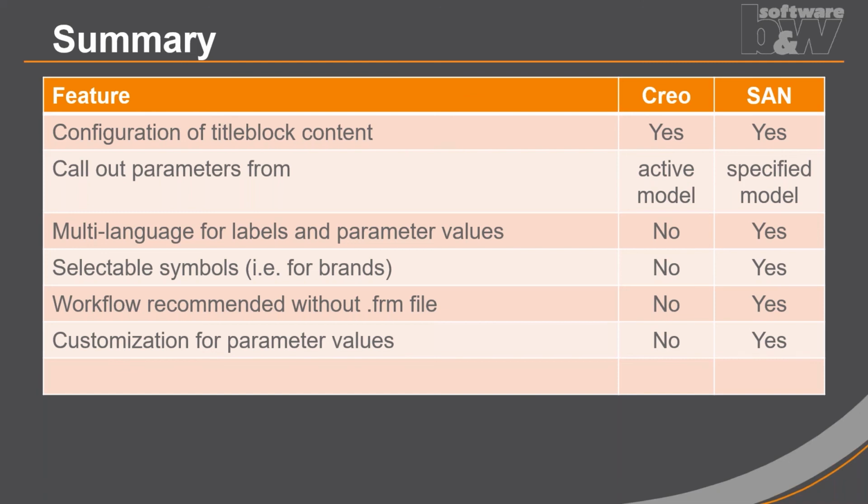Again, in Creo, you need to have another set of .frm files. The recommended workflow in Creo itself, you know this already, is using these .frm files. In SMARTAnnotate, you can choose if you want to use them or if you want to work without them.